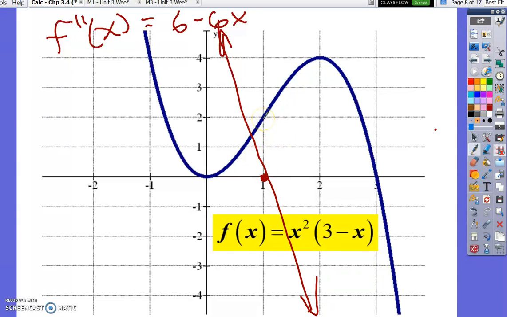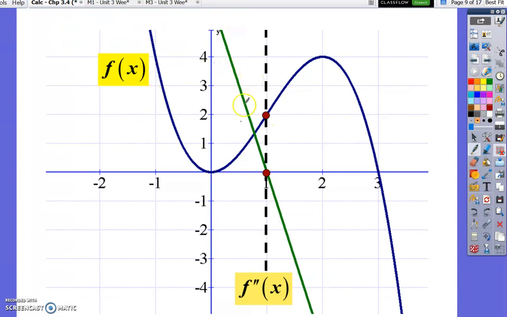Notice what's happening right here at the value where it's equal to 0. See this point right here, how it's changing from being concave up to concave down. It's changing right there. That point that we just found has a special name.